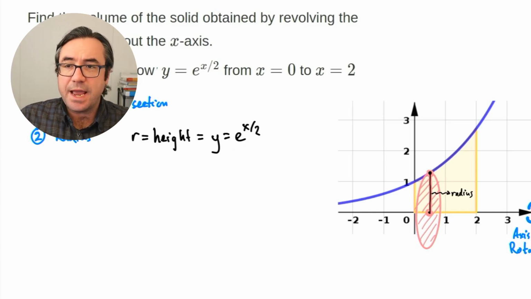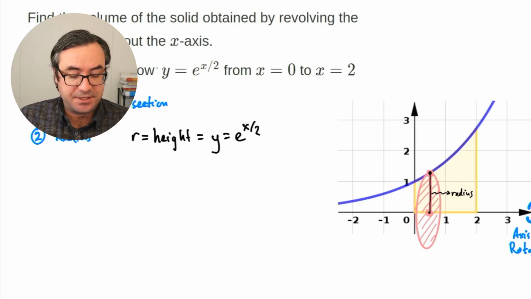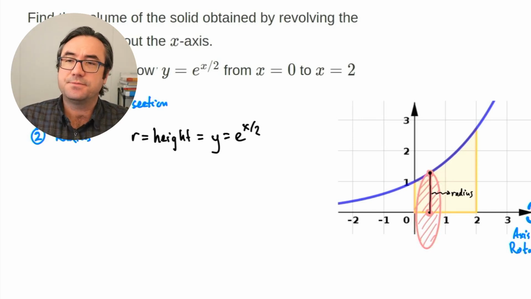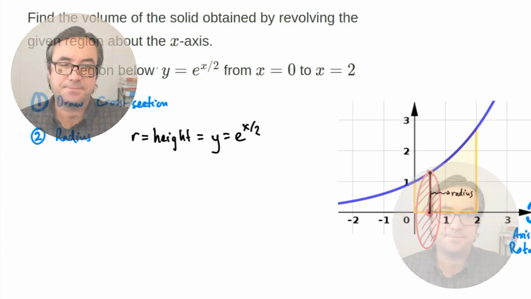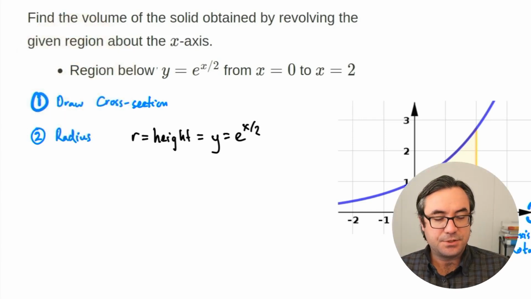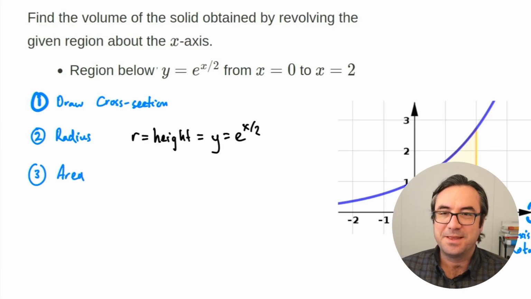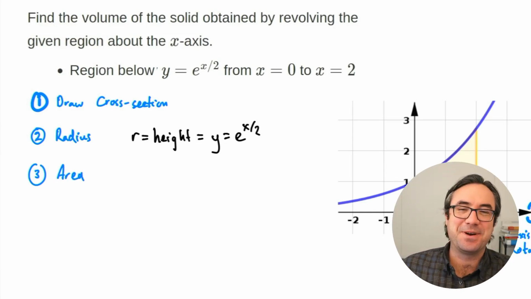All right, so once we have the radius, the next step is to figure out the area. We know that this is a circle, and so the area of a circle is pi r squared. So let's do that. Step 3, area.